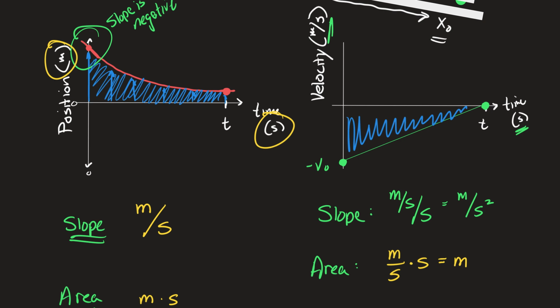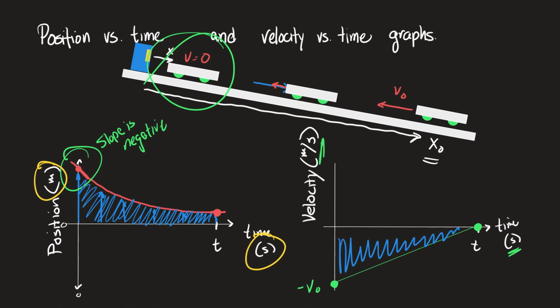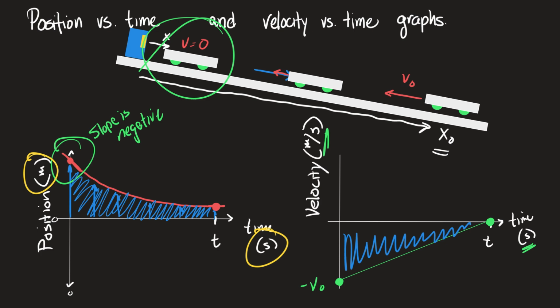Distances, lengths, displacements, positions. It is possible that the area of a velocity versus time graph might have something to do with displacement or distance. Maybe something about what the car did. And we're going to get into that more tomorrow, but we're trying to become people who can get information from graphs.